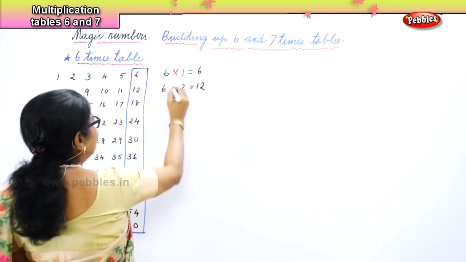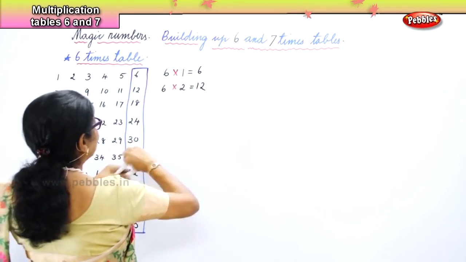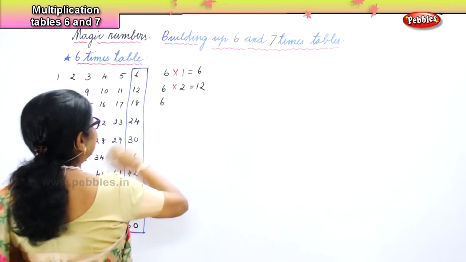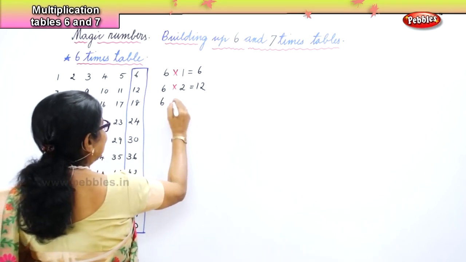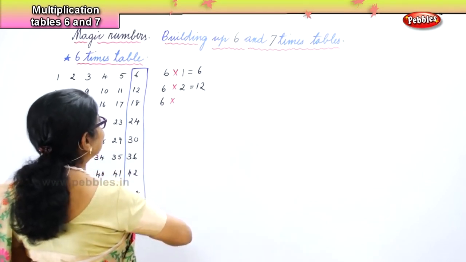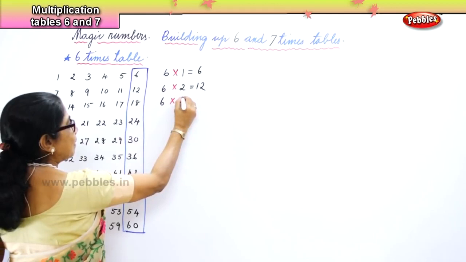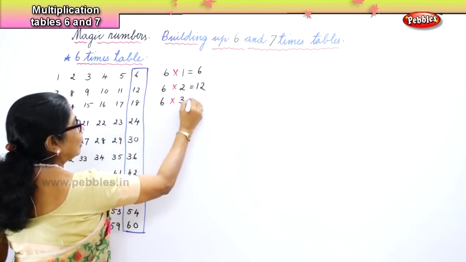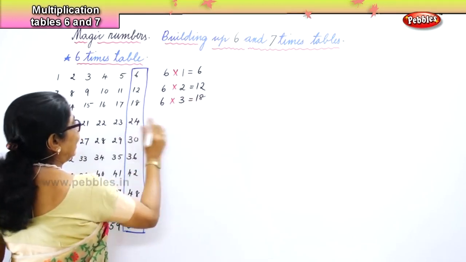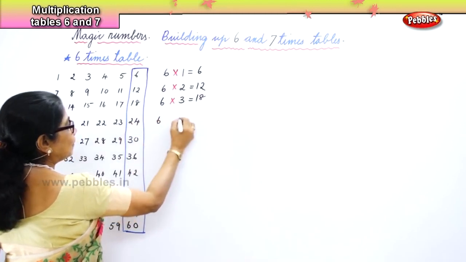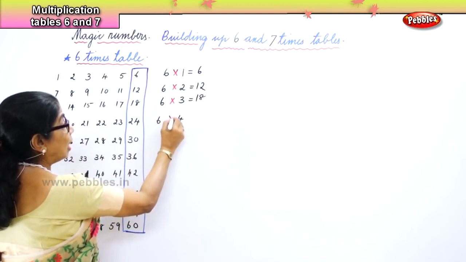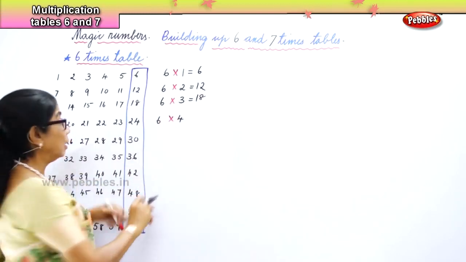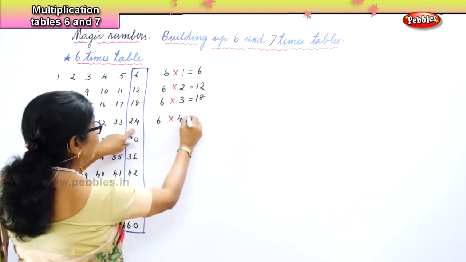Next, 6 threes are 18. Next, 6 fours are 24.